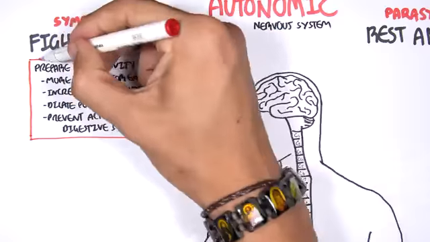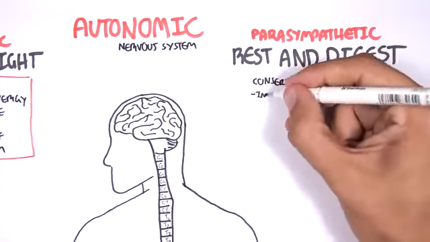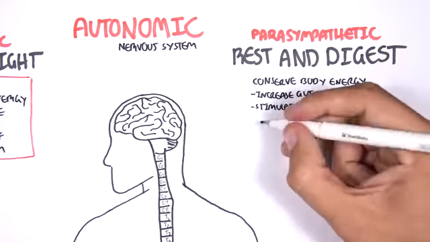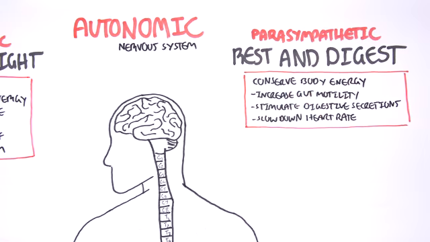The parasympathetic is the rest and digest response, on the other hand, and its main goal is to conserve body energy. So these include increasing gut motility, stimulating digestive secretions, and slowing down heart rate, amongst many other things. Now let us mainly focus on the sympathetic nervous system, so the fight or flight response.